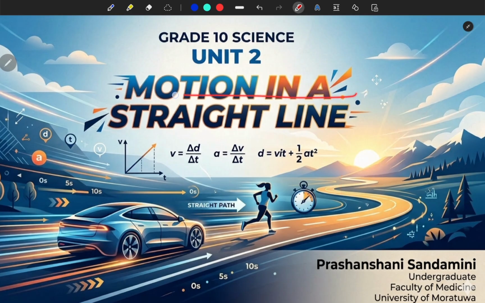They are focusing more on straight lines, because we already studied circular motions and angular motions in A levels under physics, so those are something different from the straight line motion. That's why it is specifically mentioned that this is straight line motion.